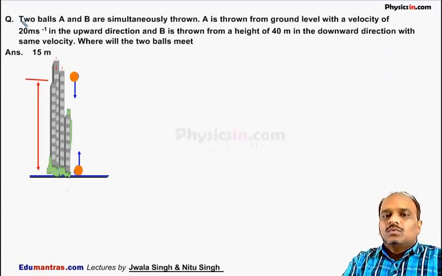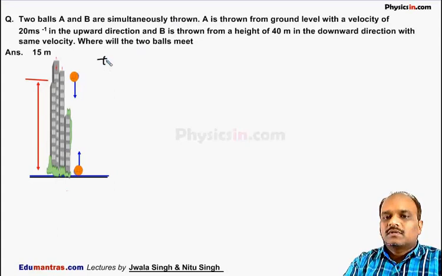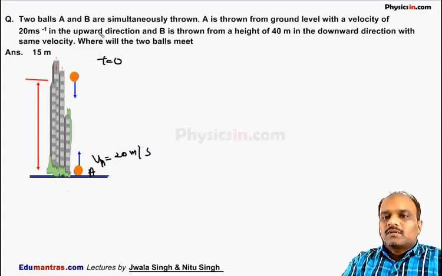See, this is the question, this is a good question. Two balls A and B are thrown simultaneously, let at t equal to 0. A is thrown from the ground, this ball is A, it is projected upward from the ground with a speed of Va equal to 20 meter per second, while B is thrown from a height of 40 meters.